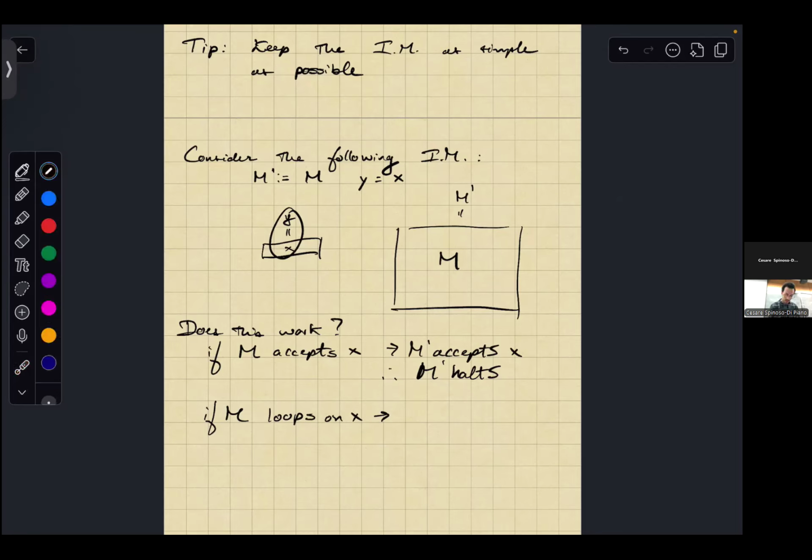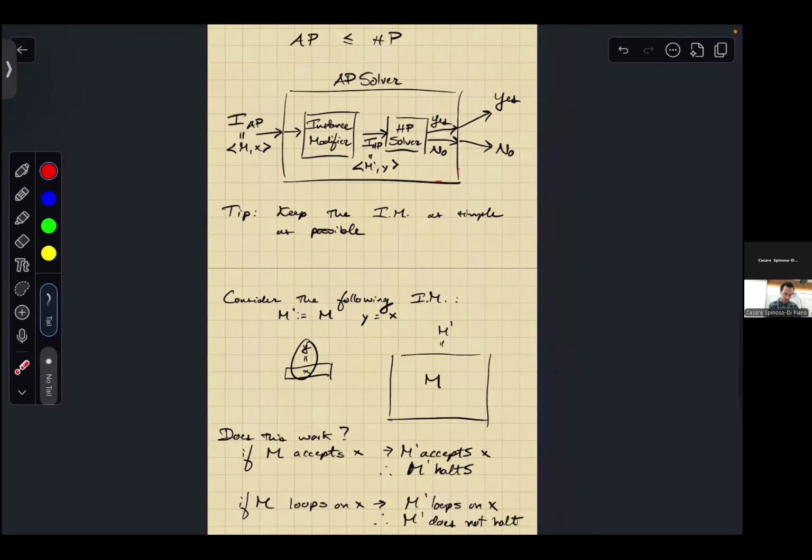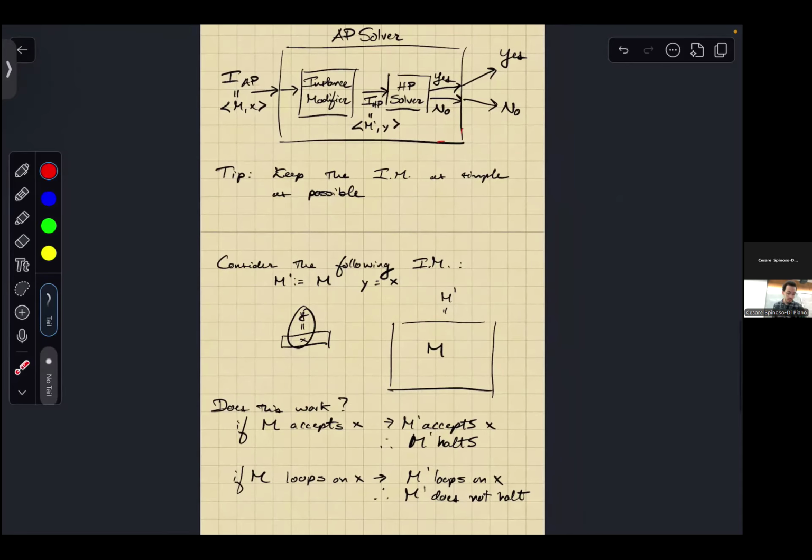So that means that M prime loops on X, and therefore M prime does not halt, right? And so what that means is, if I zoom out a little bit, if I have a no here, where in this case the no is because I'm looping, then it remains a no, right?